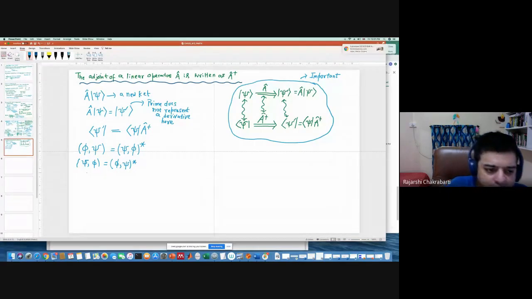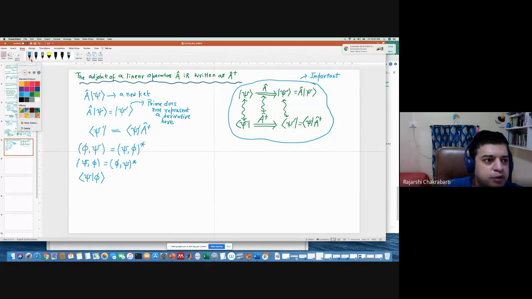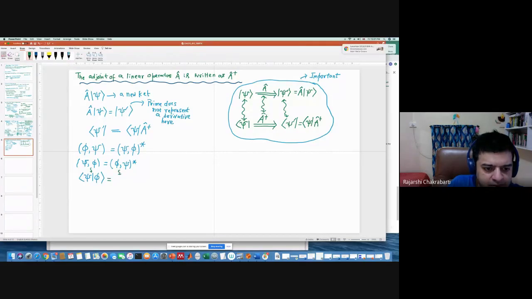If I rewrite this using bracket notation, you understand the left hand side is going to be this. Are you convinced that this is this? Please unmute yourself and tell me, because I'm not looking at the chat box. Okay, this is fine. And what would this one be in terms of bra and ket notation?